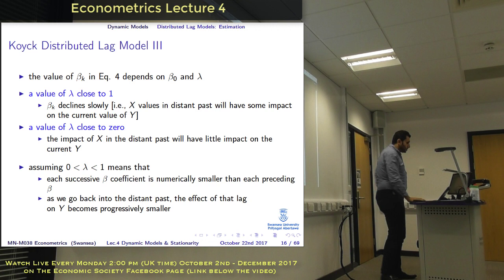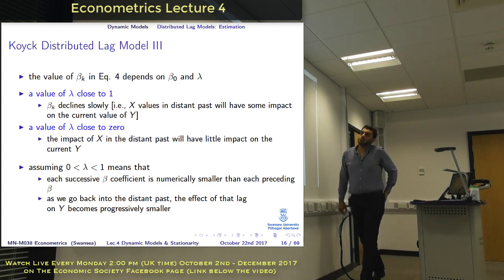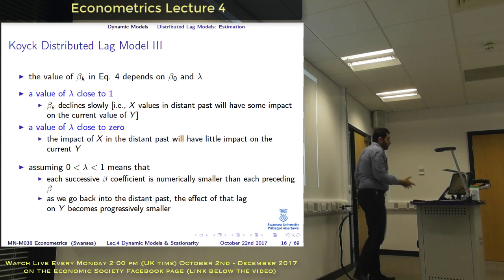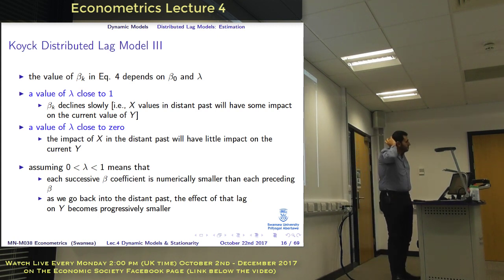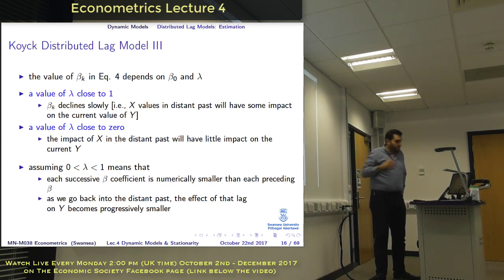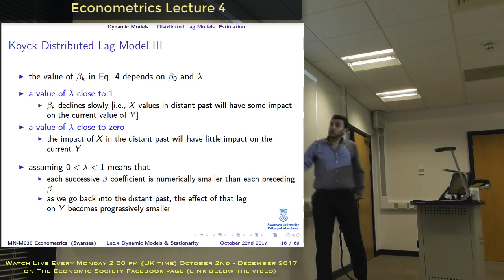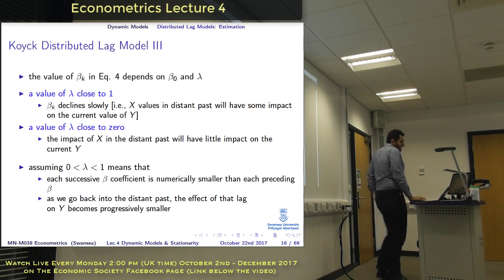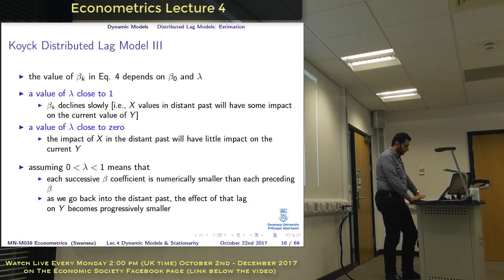If it is closer to 1, beta k declines slowly, and that means X values in the distant past will have some impact on the current value of Y. But if lambda is close to 0, the impact of X in the distant past will have little impact on current Y.